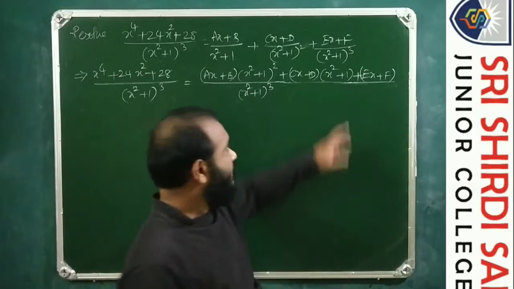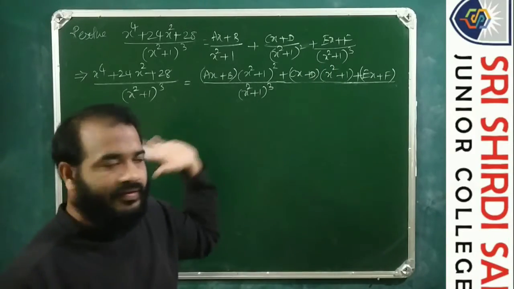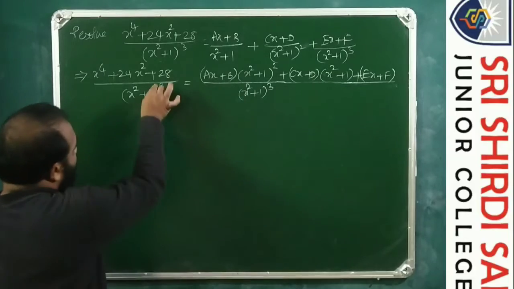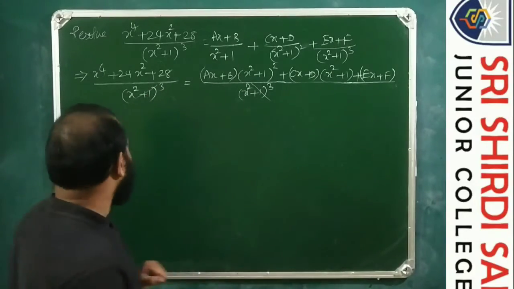Into x square plus 1 whole cube by x square plus 1 whole cube gets cancelled. This is what we are left with. The denominators on both sides get cancelled.